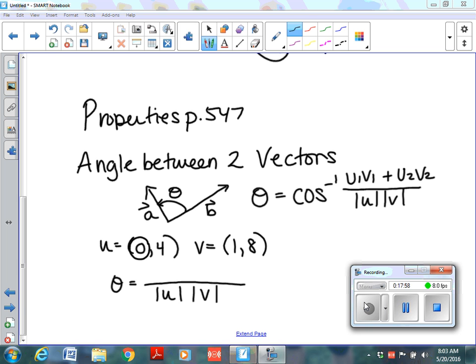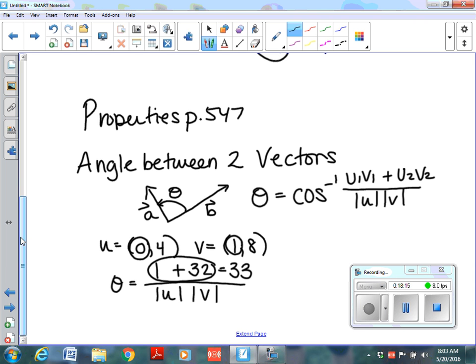So basically you take the first term, 0, and multiply it by 1, which is 0, plus 4 times 8 is 32. So basically you get 32 on the top. And then you need to divide by, I forgot to do the cosine inverse, sorry. You get the idea about the u1, v1 and the u2, v2.